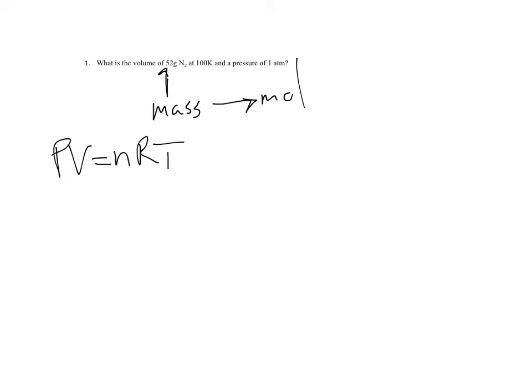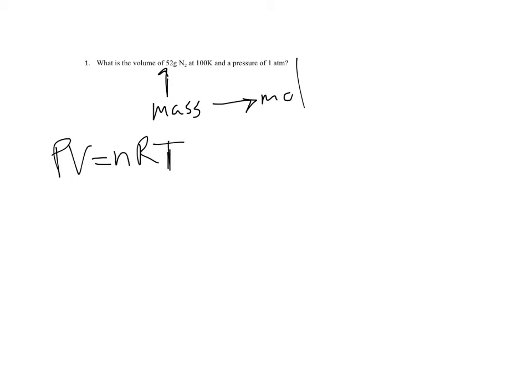What is the volume of 52 grams of nitrogen at 100 Kelvin and 1 atmosphere? Well, we don't have a formula that includes grams, but thinking back a little ways, we can convert grams to moles if we know the molar mass, and we do have a formula called the ideal gas law, which has the number of moles in it.